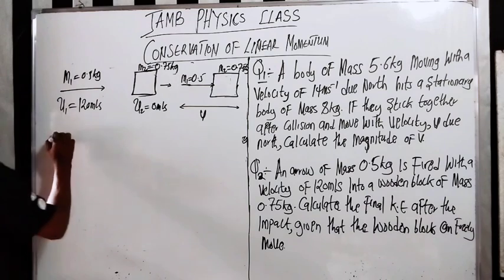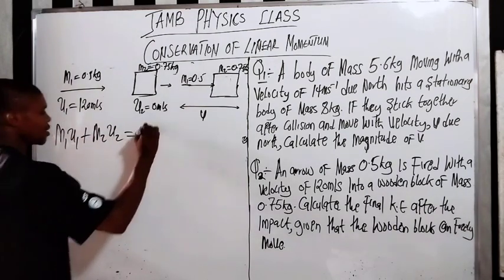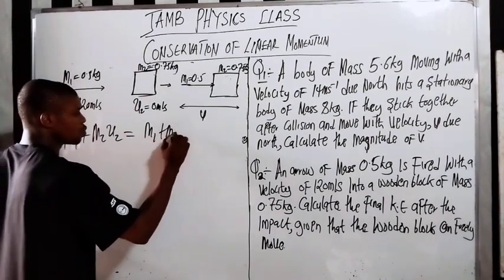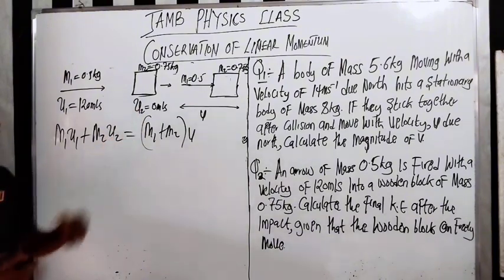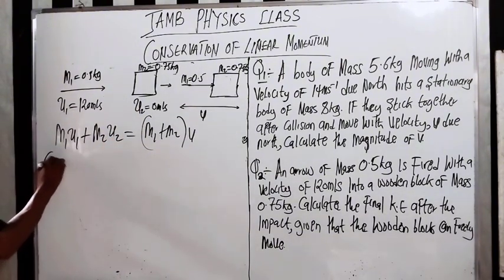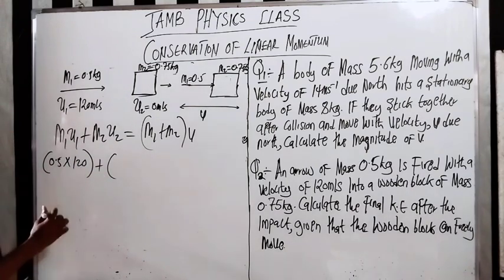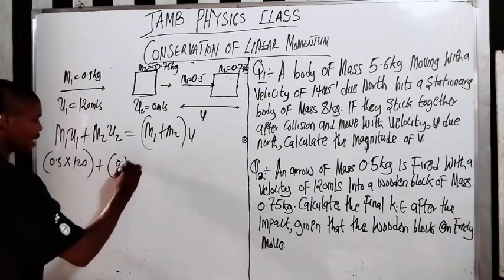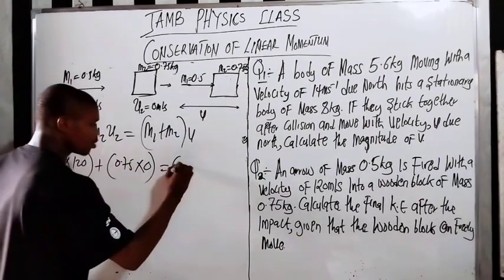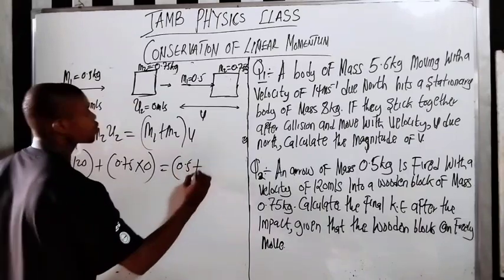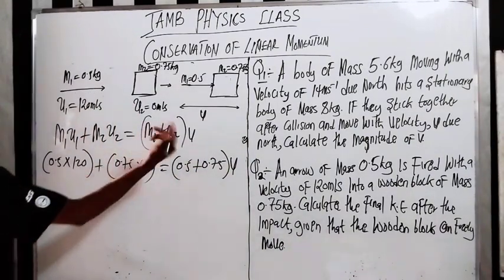I want to use m1 u1 plus m2 u2 equals m1 plus m2 times v. Do you get that? Now remember this guy is 0, so here I'm going to add 0.5 times 120 plus m2, which is 0.75, times 0, equals 0.5 plus 0.75 times v.